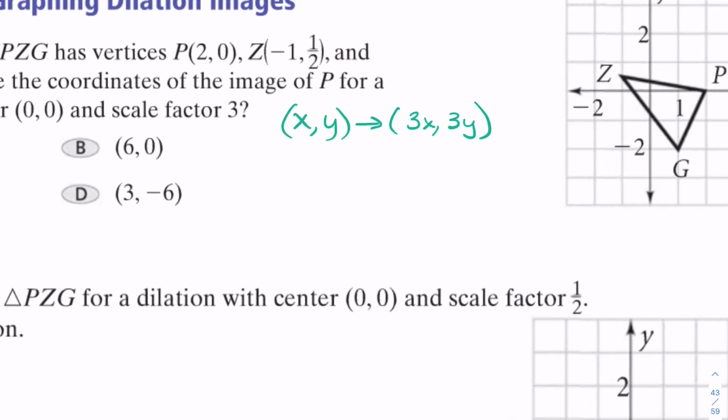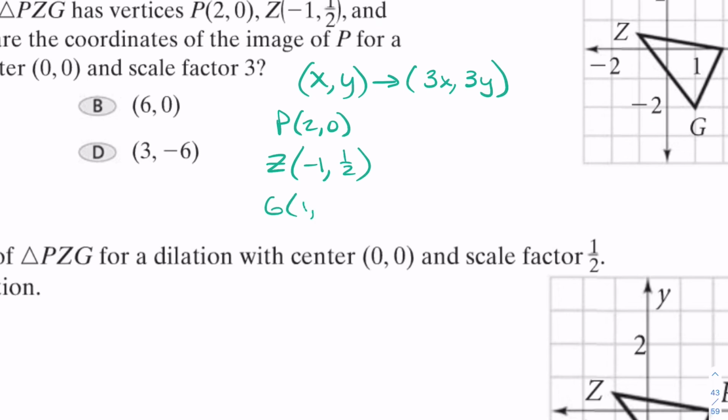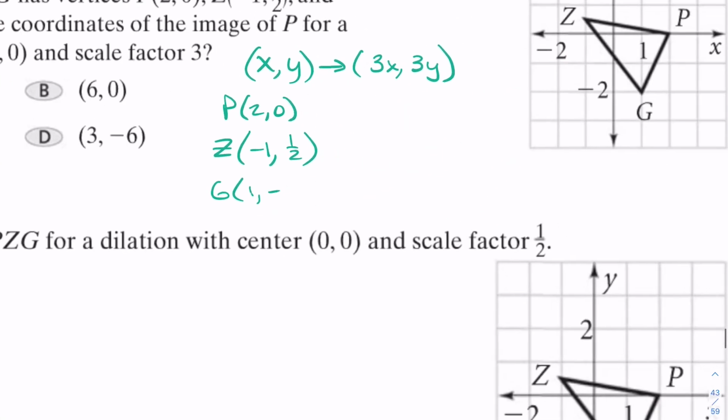So let me take P, which is at 2, 0, Z, which is at -1 comma 1/2, and then G is at 1 comma -2.